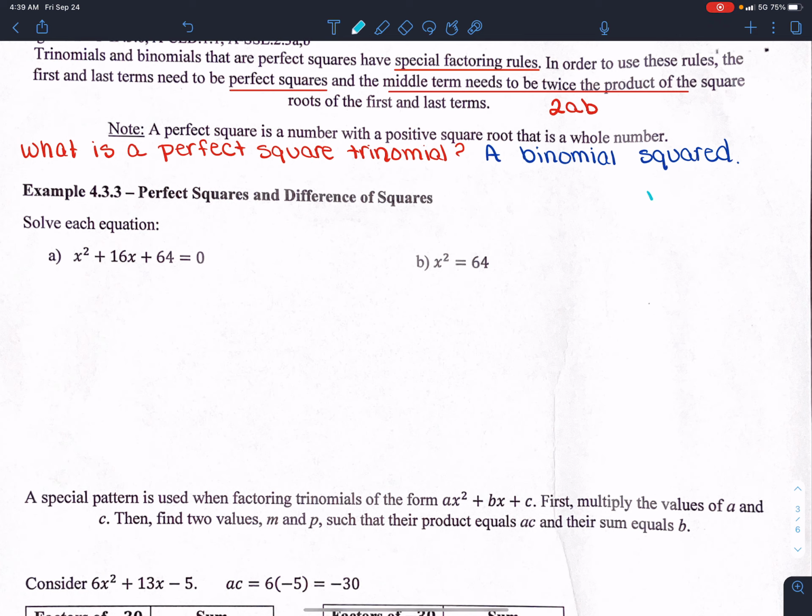So if I said, what is the square root of 4? That's 2. The square root of 9 is 3. The square root of 16 is 4, and so on. I'll write down as many here as I have room for.